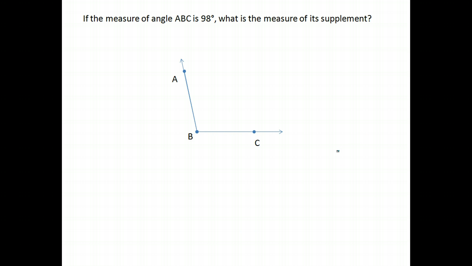All right, here's another example. If the measure of an angle is 98 degrees, what is the measure of its supplement? Now, watch really carefully because some will say supplement, others will say complement. Again, supplementary means two angles that add to be 180. So we have the 98 degree angle, and we're wondering what do we add to 98 to make it equal 180?